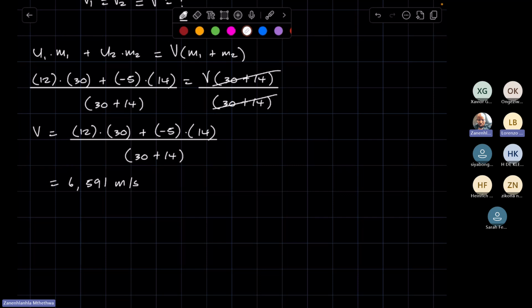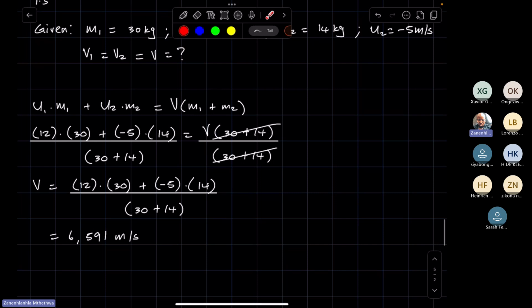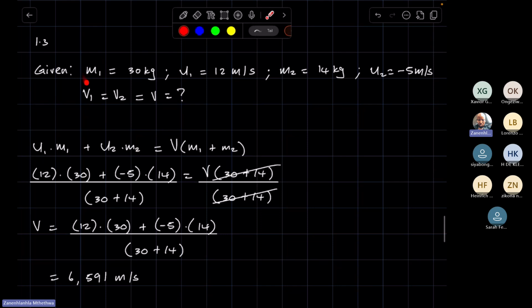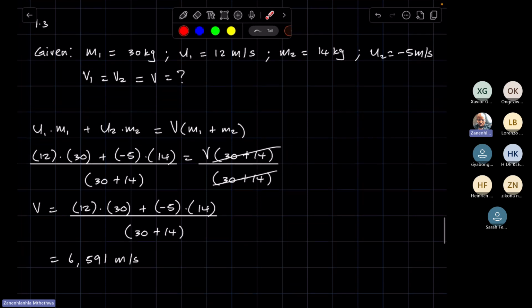So what we should take away from this is that, seeing that we assumed that it's mass 1 that's headed east and mass 2 is headed west, because the final velocity is positive, it means after the collision, these two move in the same direction as mass 1.